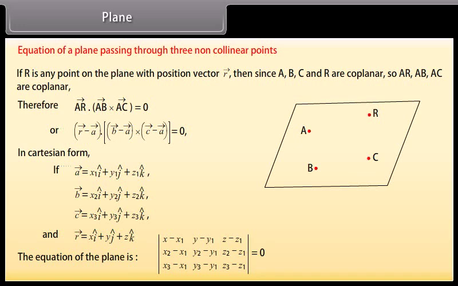First row, x minus x1, y minus y1, z minus z1. Second row, x2 minus x1, y2 minus y1, z2 minus z1. Third row, x3 minus x1, y3 minus y1, z3 minus z1 equals 0.